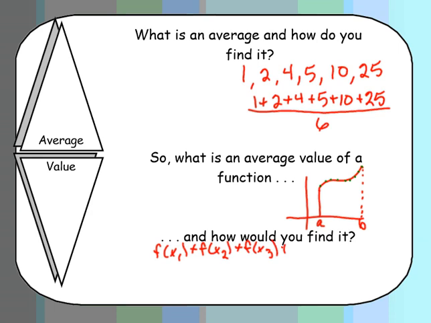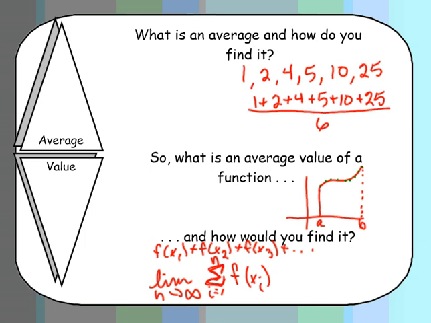Or because that is going to be too long to write, because there are infinitely many dots here and I could never come up with all of them, we would probably write the limit as n goes to infinity of the sum of f at x of i. That would probably be how we would add them all together.